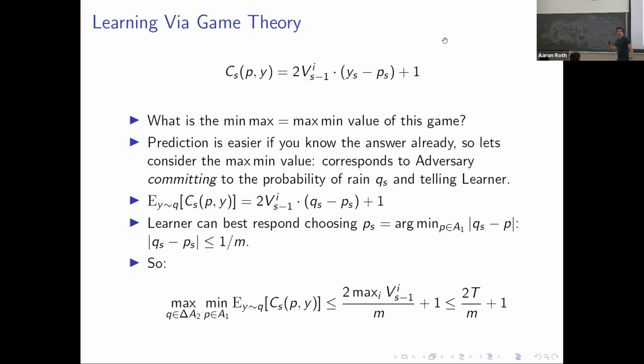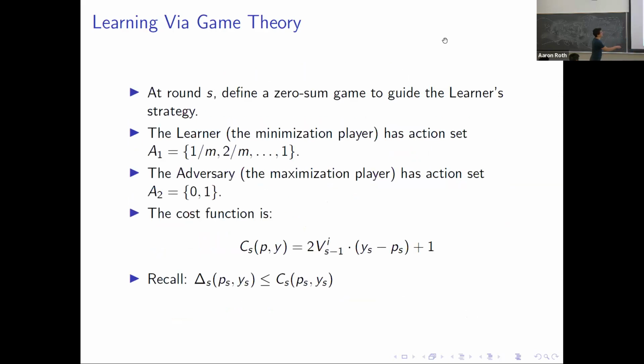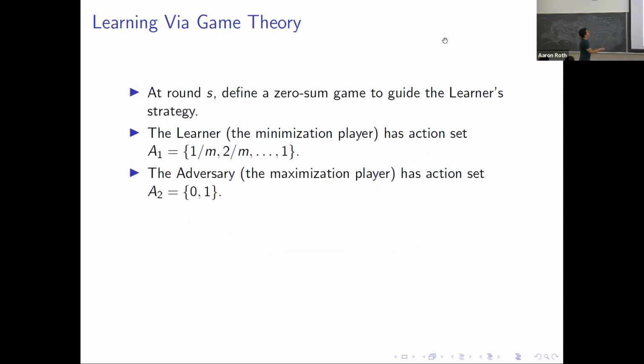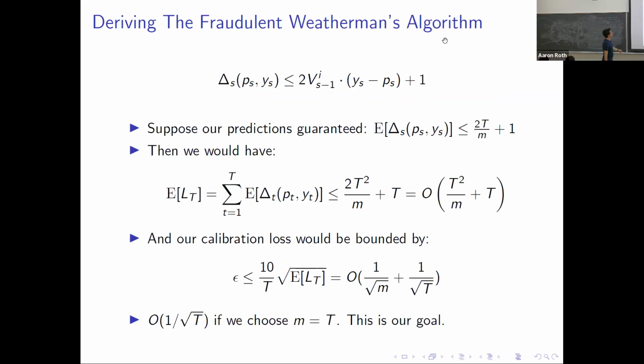And the calibration loss in any bucket is just a sum over t rounds of number bias terms that are between -1 and 1. And so it's at most 2t over m plus 1, okay? Which is what we wanted it to be in order to guarantee that we do as well as the oracular weather forecaster.